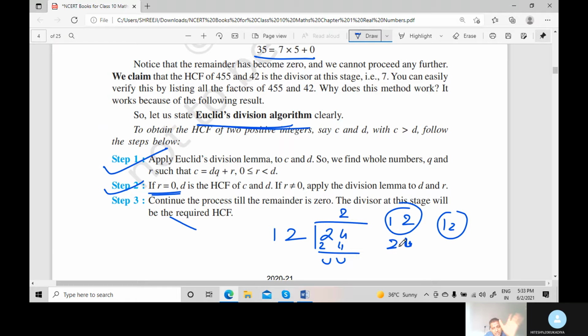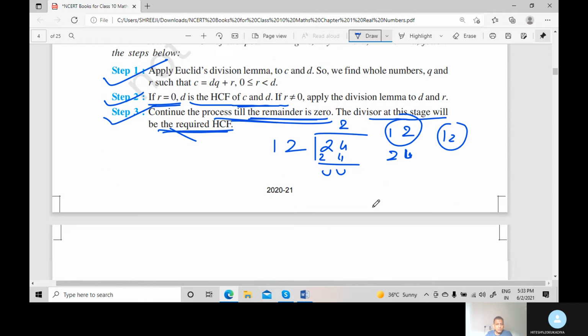When one number is divided by the second number and the remainder is 0, the smaller number is your HCF. Is that clear? Otherwise, step 3: continue the process till the remainder is 0. The divisor at this stage will be the required HCF. We have already explained the statement.